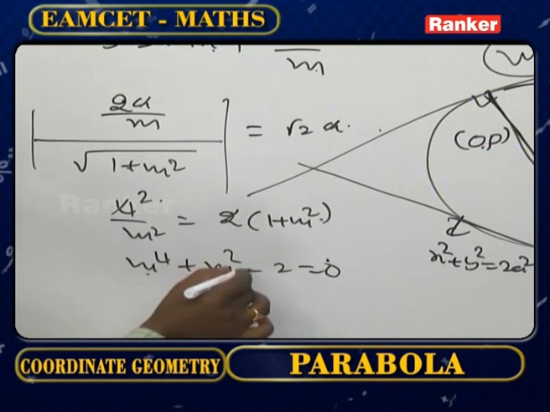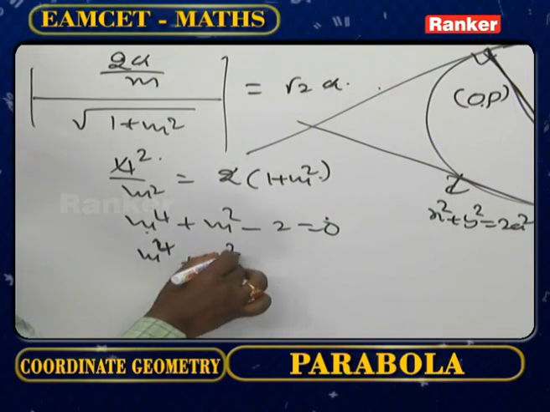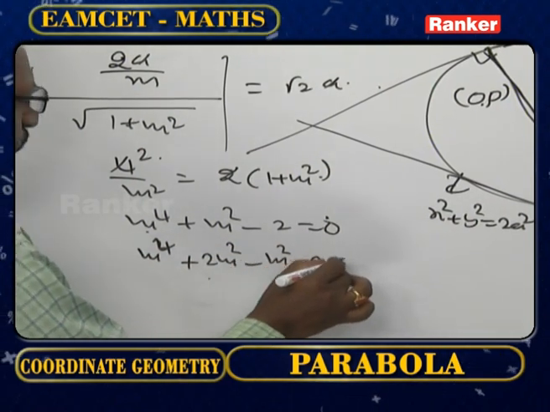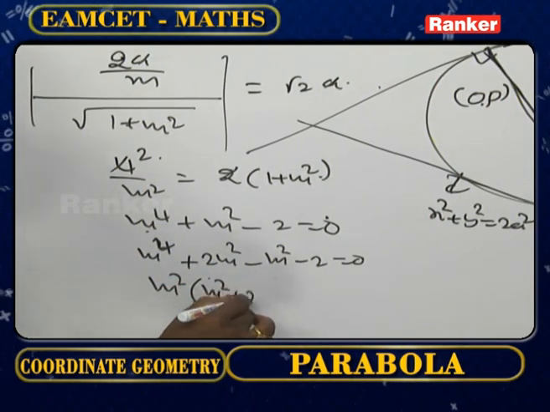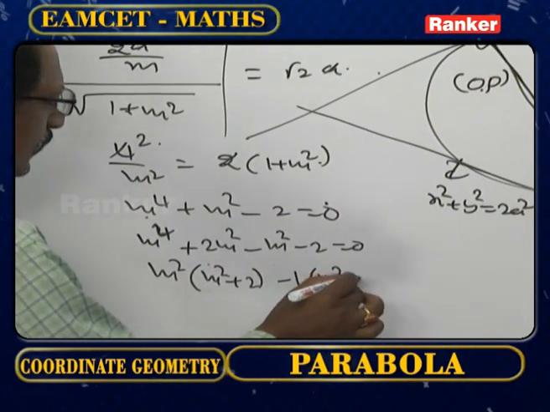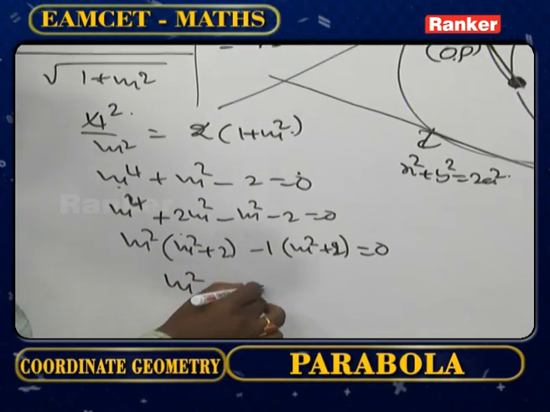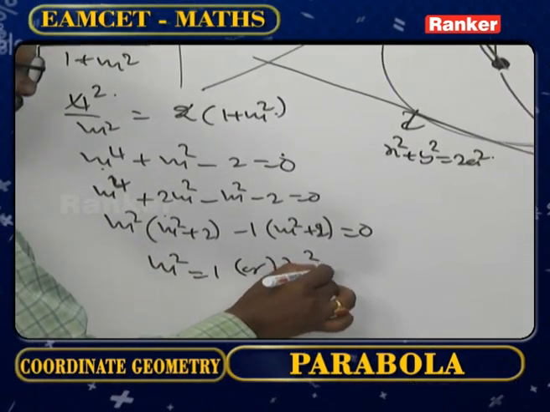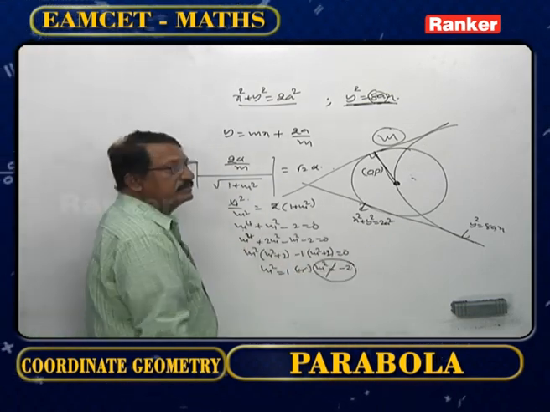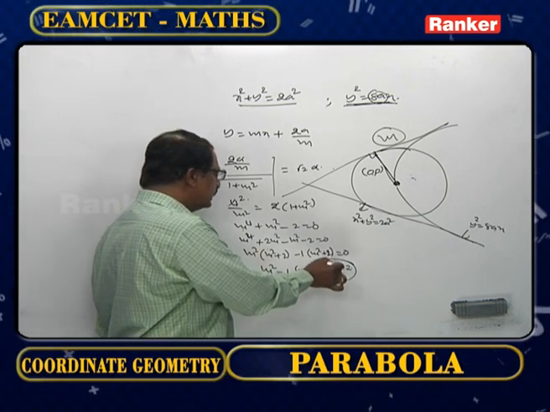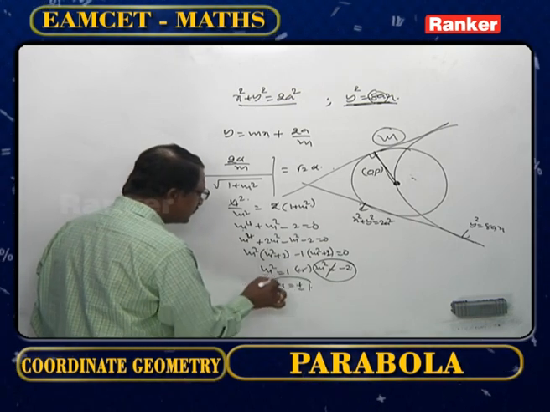By solving, m power 4 plus 2m square minus m square minus 2 equals 0, so m square common in the first two terms, m square plus 2, minus 1 common, m square plus 2. Now m square equals 1 or minus 2, but m square cannot be negative, so m square equals minus 2 is invalid. Now m square equals 1, m equals plus or minus 1.